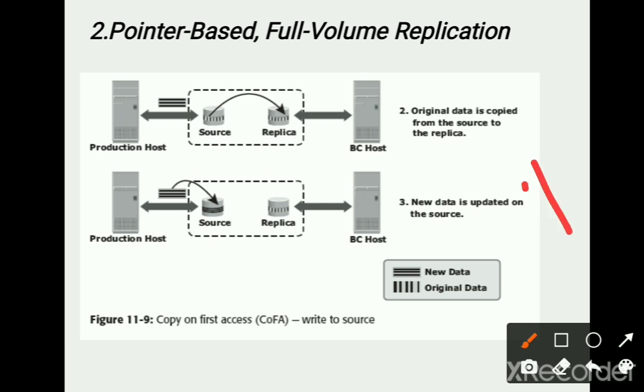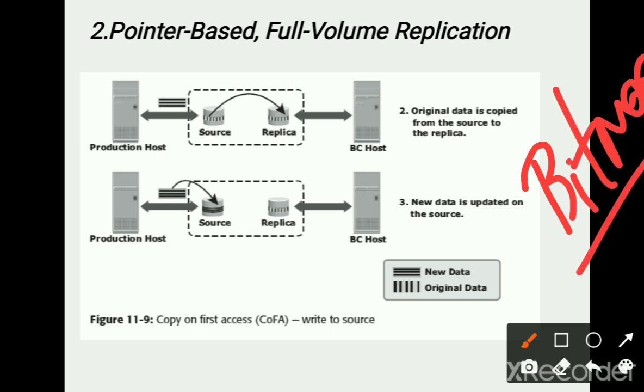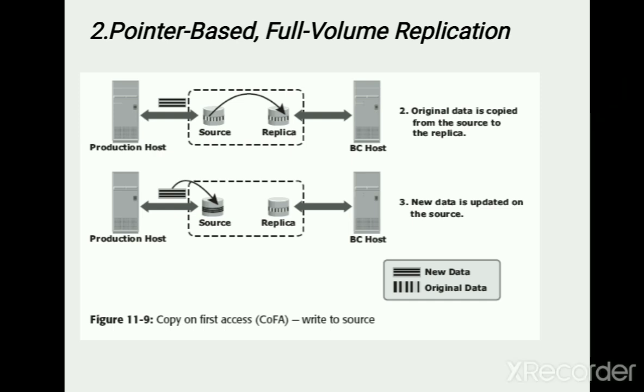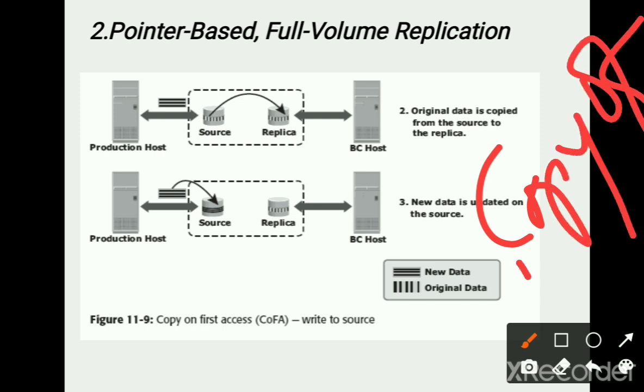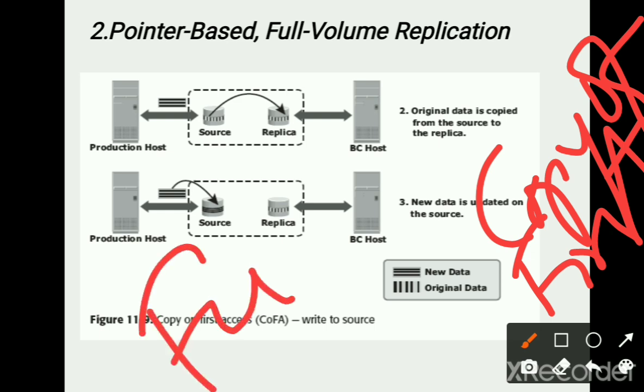Now when I say pointers, automatically a bitmap is generated to keep track of this data. Whenever we keep track and the pointers are generated, how is the data accessed? Usually it is done using copy on first access, or using the full copy mode.